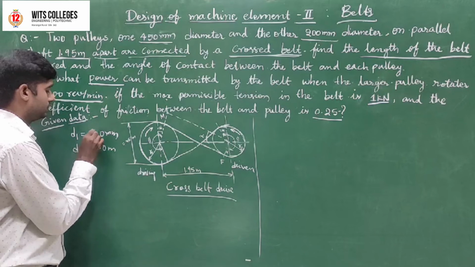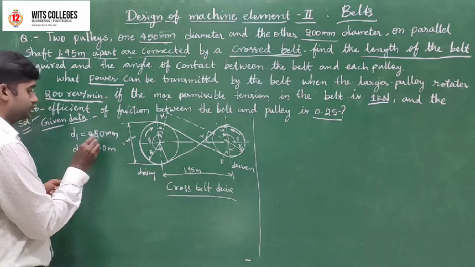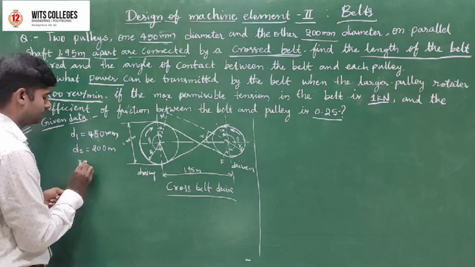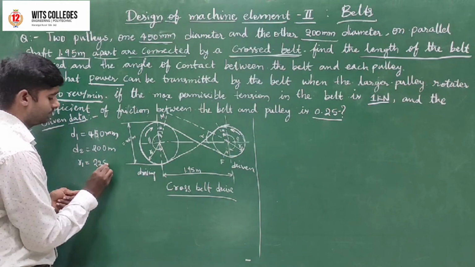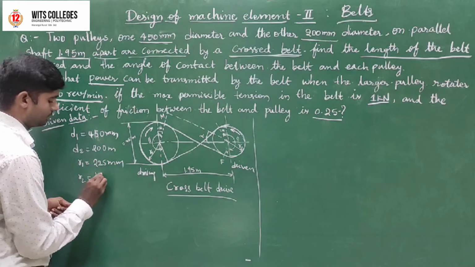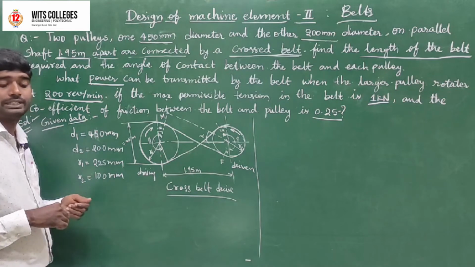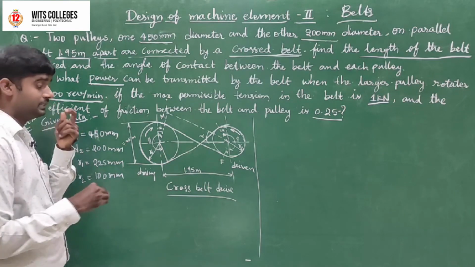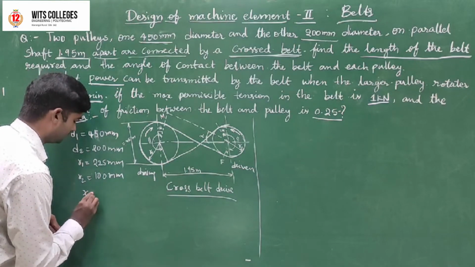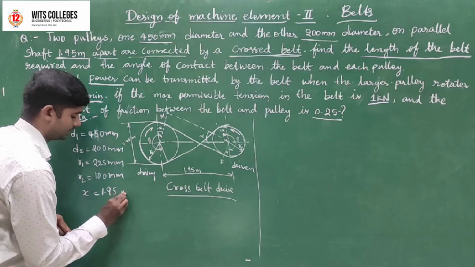So R1 is equal to 225 mm and R2 is equal to 100 mm, half of the diameters. Next, the distance between the two pulley centers, denoted by x, is equal to 1.95 meters.